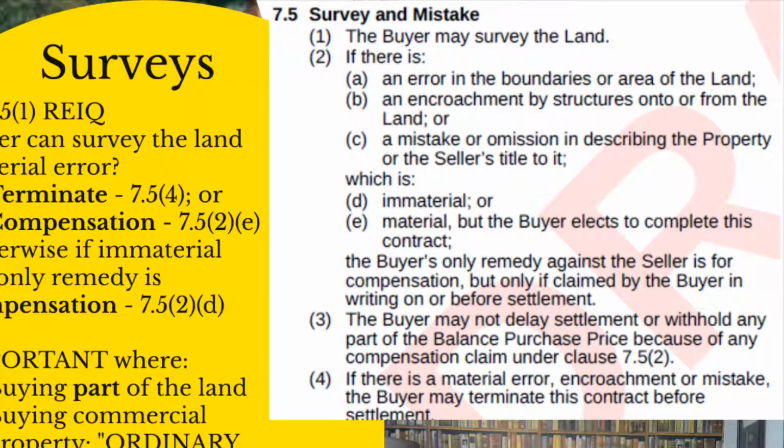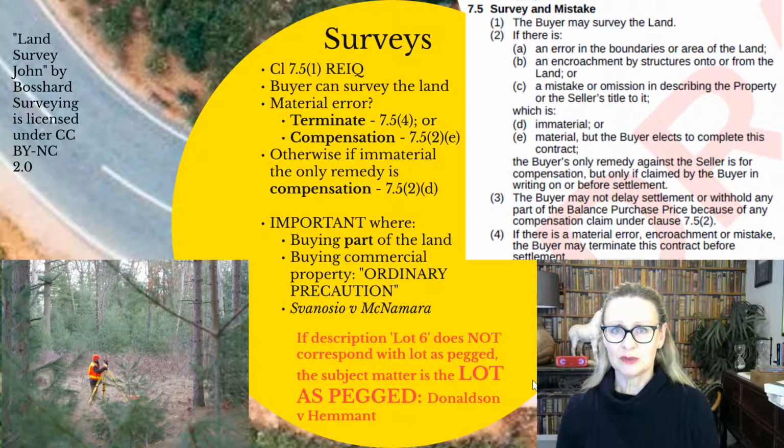If, however, there is a material error, then 7.5 sub 4, as you can see there, the buyer can terminate pre-settlement. So that is the issue of surveys as dealt with in the standard form contract. Now, as I said, if there is a war of words and surveys, then it will be the survey that wins the day.